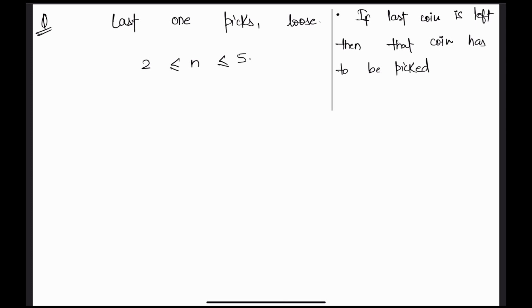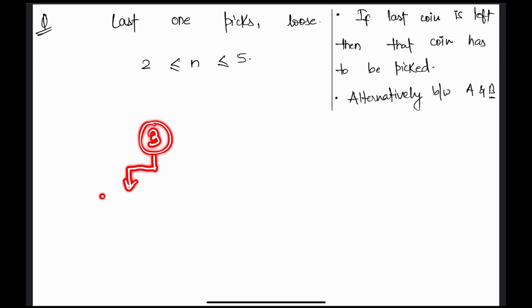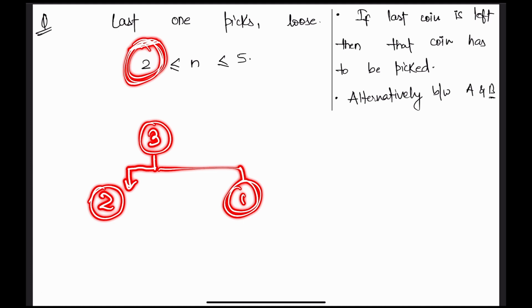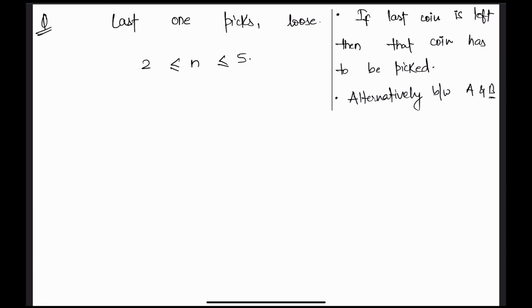And again the play is alternate between A and B. So this is saying that suppose there are 3 coins left at the end, and it's A's turn, so A chooses 1, so there are only 2 left, and it is written that minimum they have to choose 1. So one condition has been added: if there is only 1 left, then the person who has to pick the coin has to pick 1 coin, and that person will lose. So this is the meaning of the question.